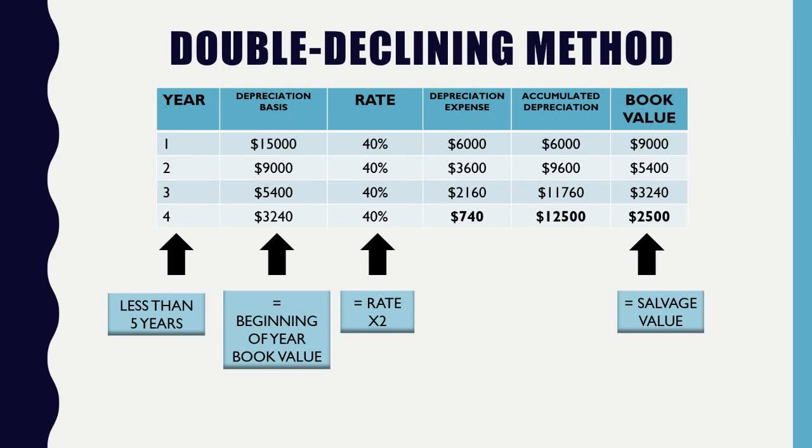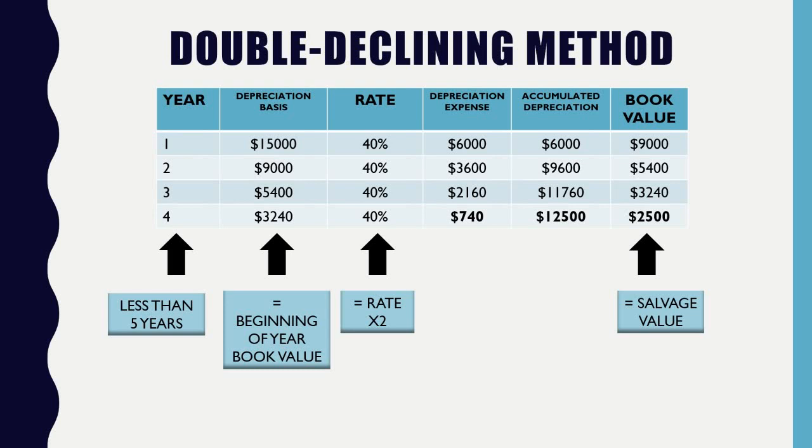So here's what you're going to notice. The estimated useful life is less than 5 years because if you're going to be utilizing it twice as fast, of course it's not going to last to the end of its life expectancy, right? Because you're pushing it over its limit.